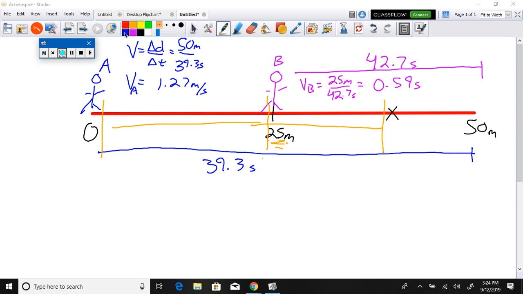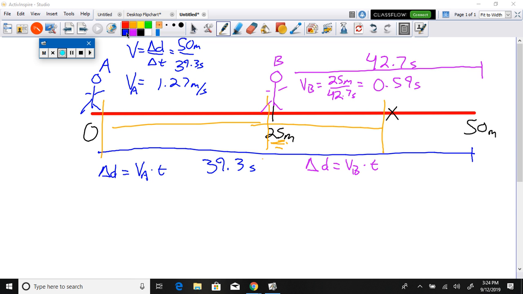So this equation would be the displacement of A is equal to the velocity of A times time, and the displacement of B is equal to the velocity of B times time. But that can't really be the case because we started at 25.